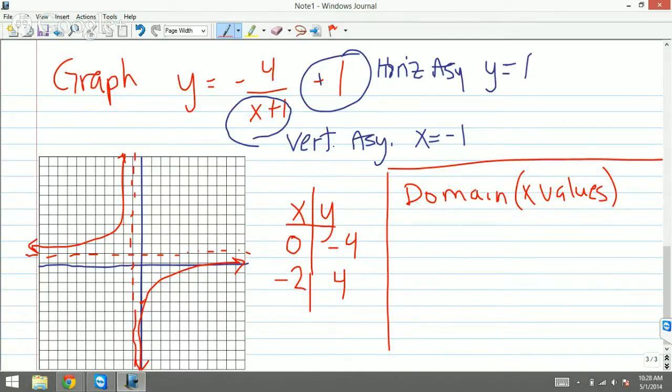As it reaches negative infinity, y will reach... No, that would be end behavior. All what kind of numbers? All real numbers except which one? Which one doesn't work? -1.